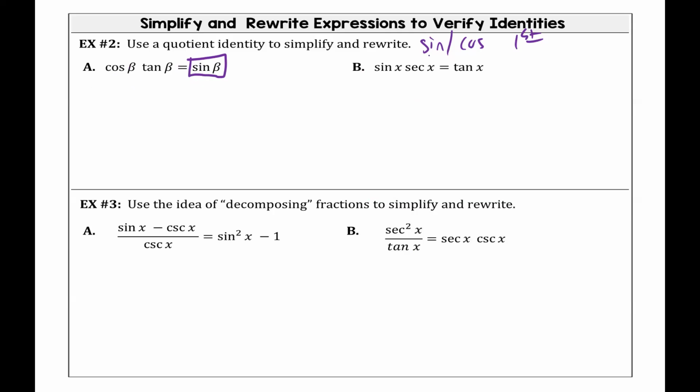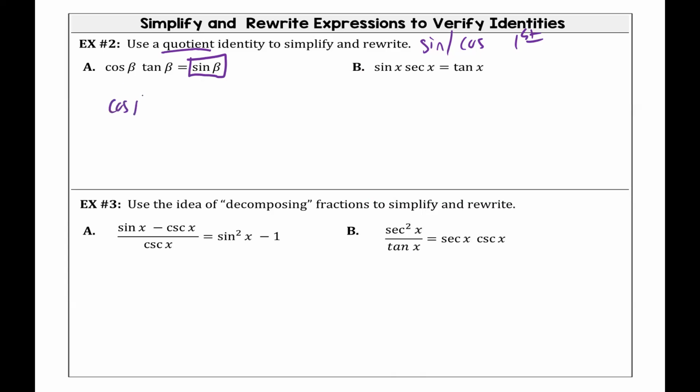Well, first thing you want to do is think of your identities that will allow you to change tangent into sine and or cosine. Which identity allows us to change tangent? Let's look at quotient. What does tangent equal? Sine over cosine.